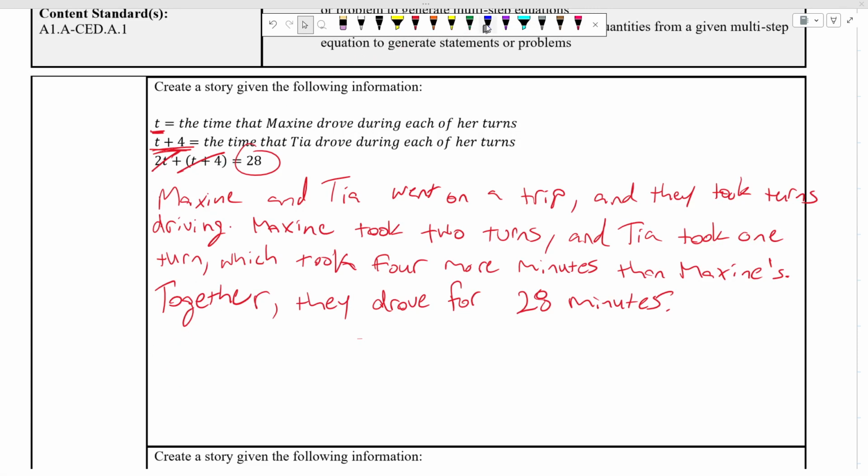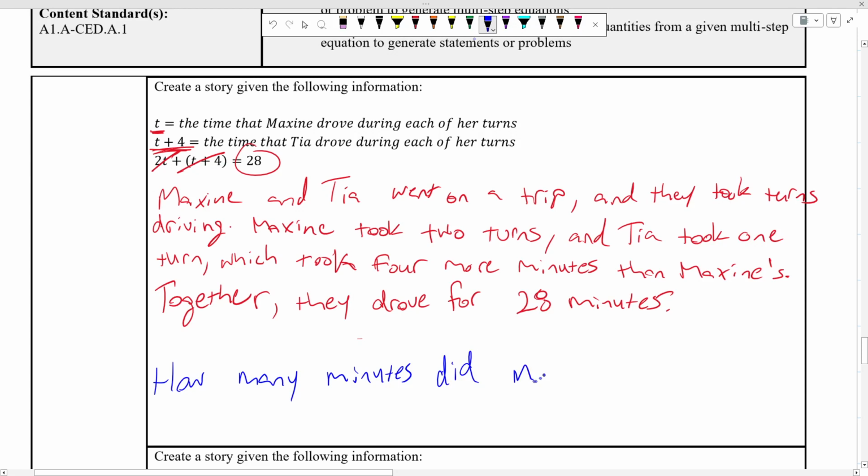potentially, how many minutes did Maxine drive for?